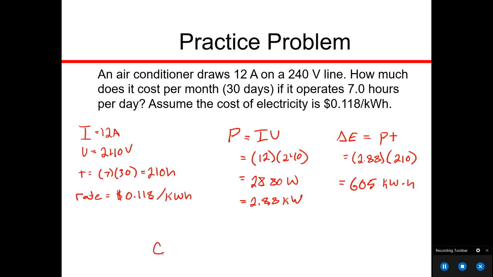And lastly, our cost, which will be our kilowatt hours, so 605 times our cost of electricity, $0.118 per kilowatt hour, gives us a total of $71.39.